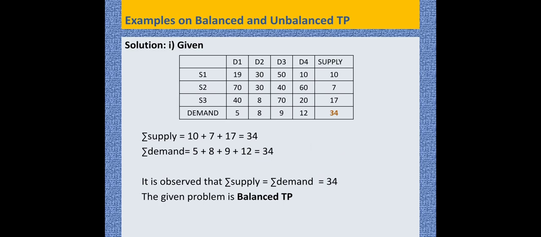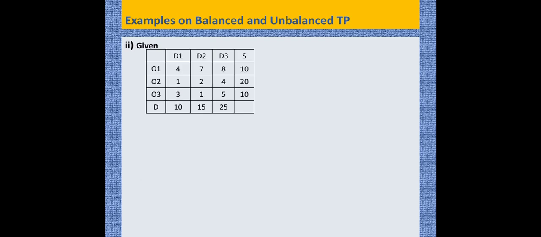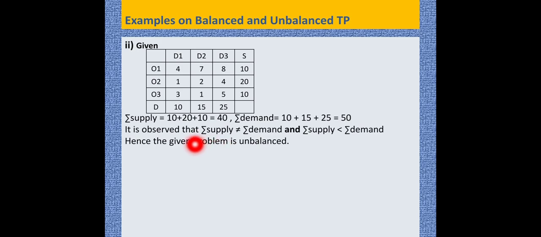Now let us go to the next case. So here summation of supply, that is 10 plus 20 plus 10, is 40, and summation of demand is 50. So it is observed that supply is not equal to demand and supply is less than demand. Hence the given problem is unbalanced.